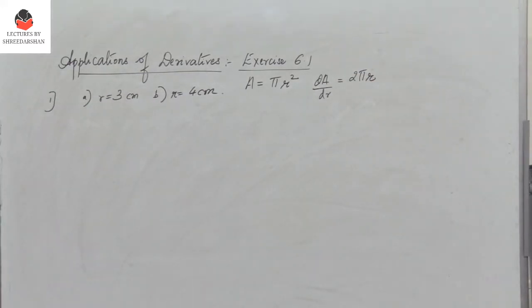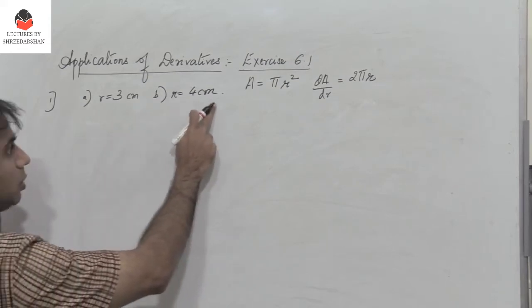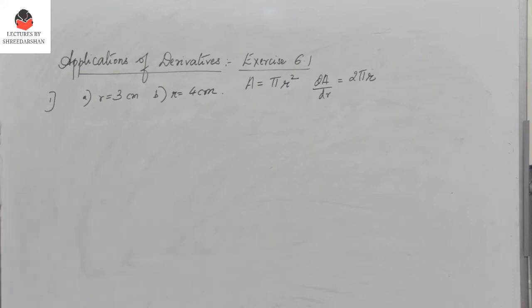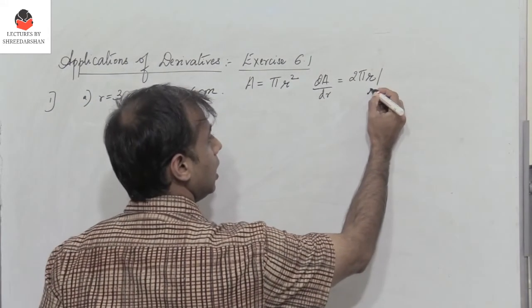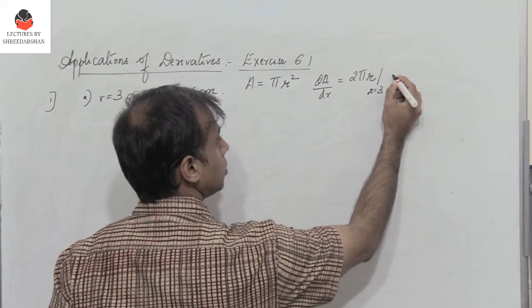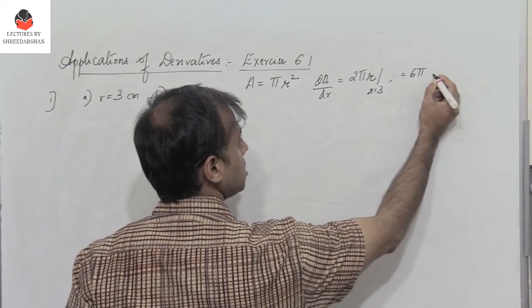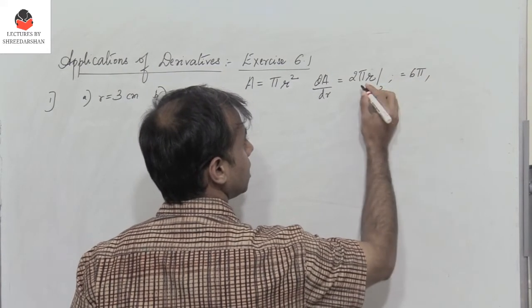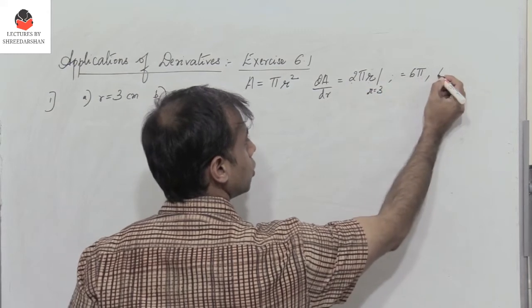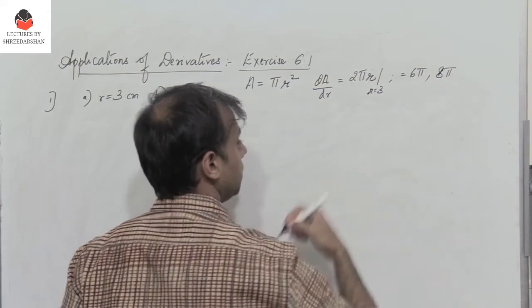Now I need to find the rate of change of area with respect to r when r equals 3 centimeters and when r equals 4 centimeters. So what do we do? Substitute the value of r. If I substitute r equal to 3 centimeters, I get 6 pi. And if I substitute r equal to 4, I get 2 into 4, which is equal to 8 pi.